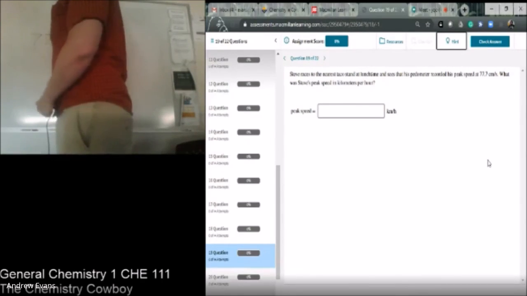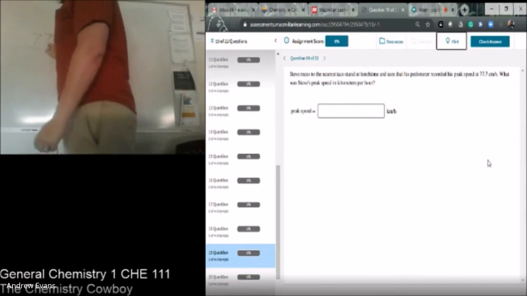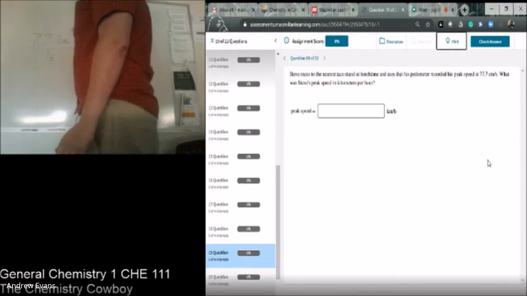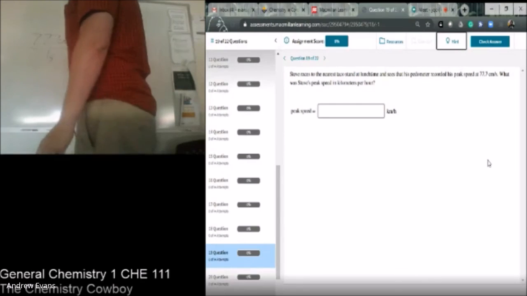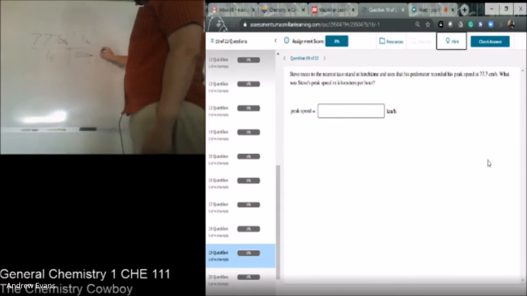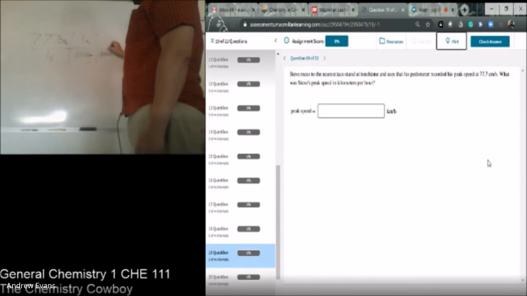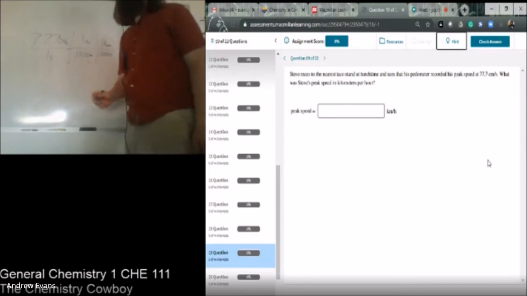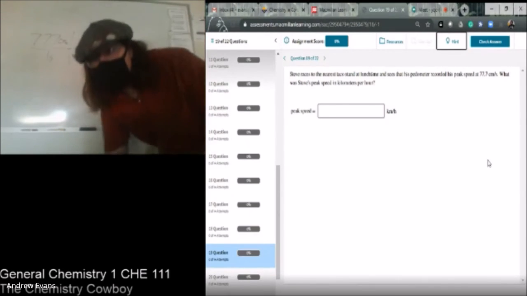77.7 centimeters, 1 second. I would say there are 100 centimeters in 1 meter, 1,000 meters in 1 kilometer. I'm going to run out of room so people won't be able to see too well.